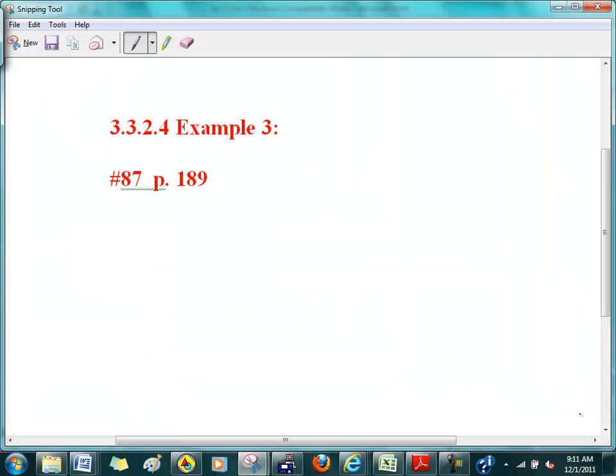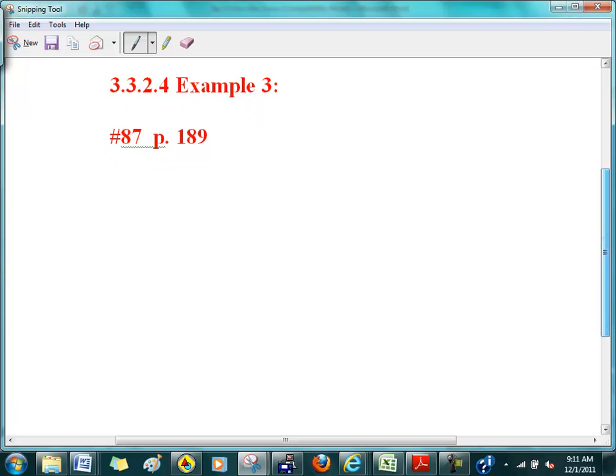No, you got to read this paragraph, dude. Okay, so this should help you do number 85, this example.